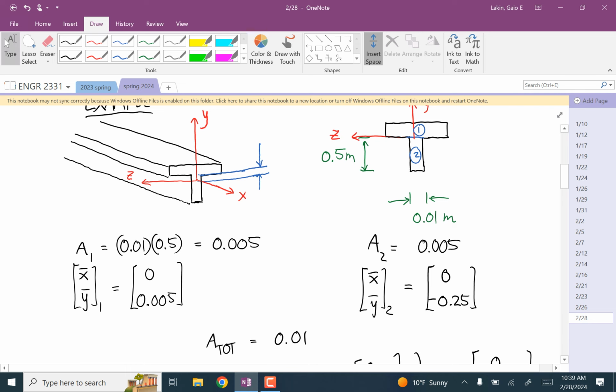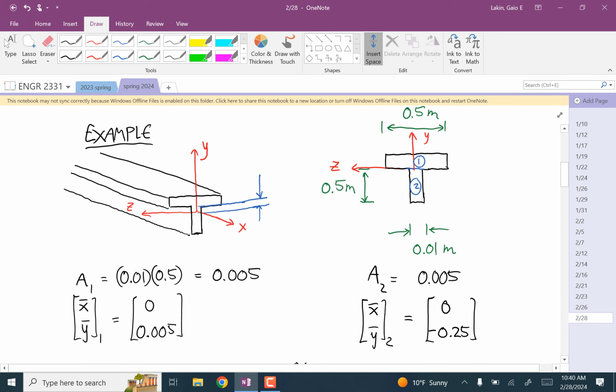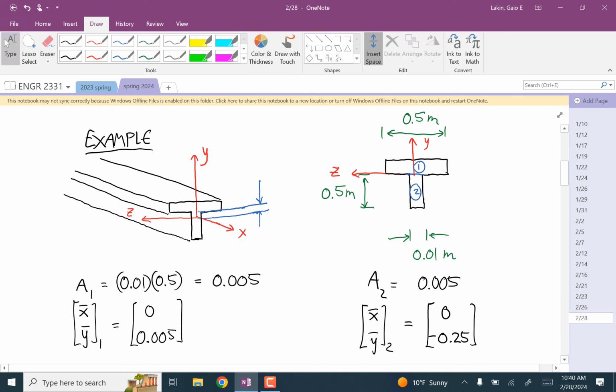Look at this coordinate system over here. To get to the bottom of this T shape, you have to go down 0.5, okay? But to get to the neutral axis, you have to go down 0.1225. So our Y is going to be down 0.5 minus 0.1225.